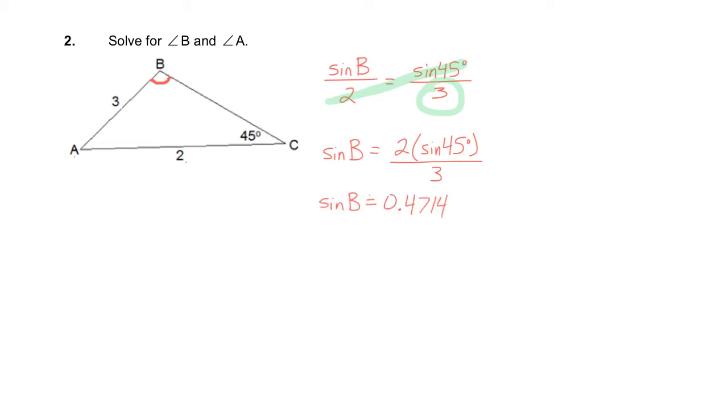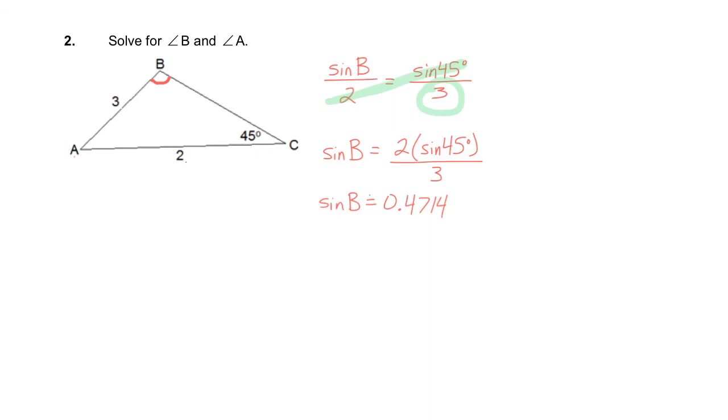0.4714. A lot of people are going to stop at this point and say, well, angle B is 0.47 degrees. Or they'll take it as some sort of a percent and say it's 47 degrees or something like that.